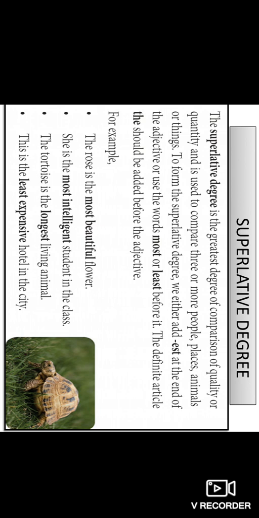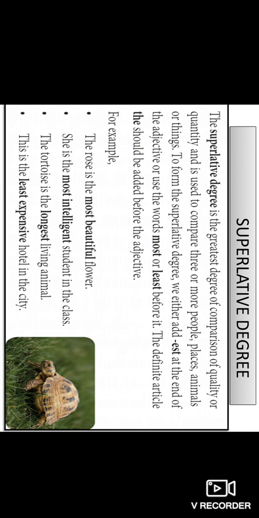Here are the examples. What are the examples for the superlative degree here? The rose is the most beautiful flower. She is the most intelligent student in the class. Tortoise is the longest living animal. This is the least expensive hotel in the city. See here children, among all the flowers we are telling that the rose is the most beautiful flower, and she is the most intelligent student in the class.